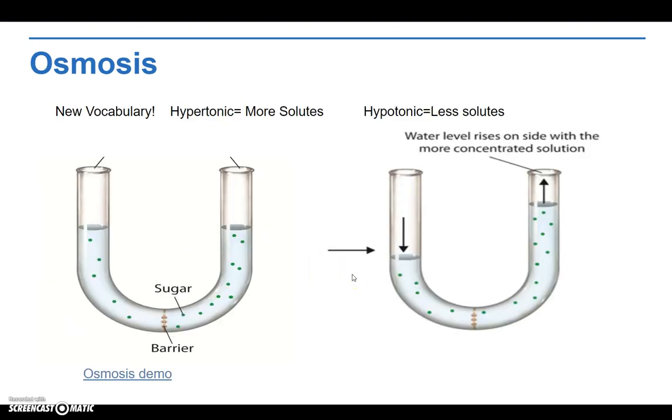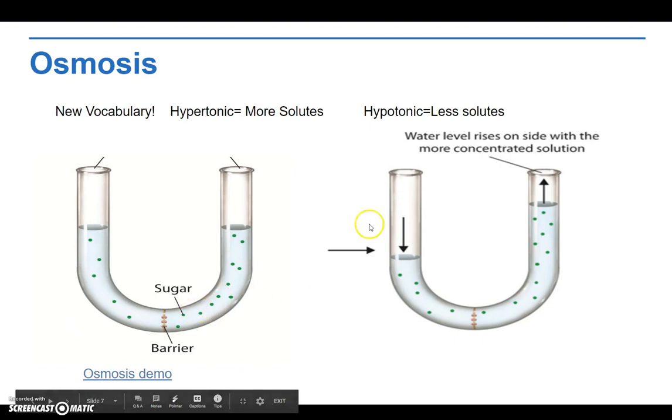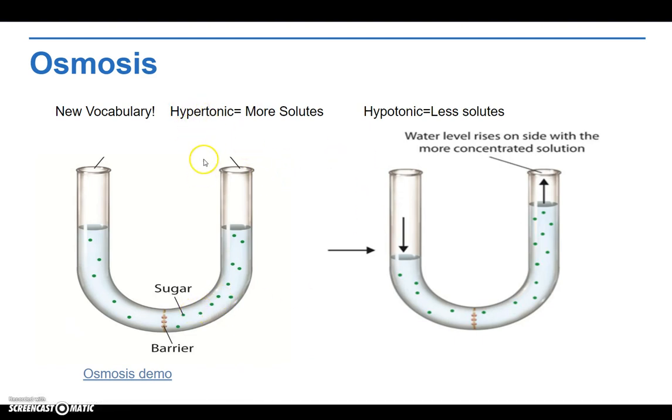Alright, so first off, we have some new vocabulary terms. Hypertonic and hypotonic. The problem is, I have students that get confused because hypertonic refers to the solutes, in this case sugar. So we're saying hyper has more sugar molecules on one side than it does on the other side.